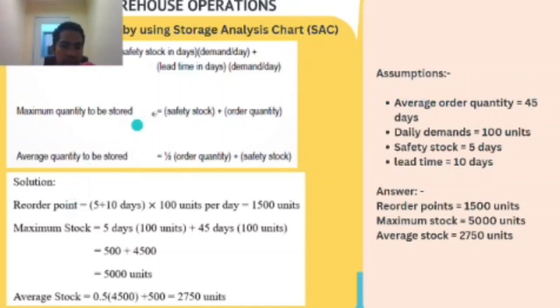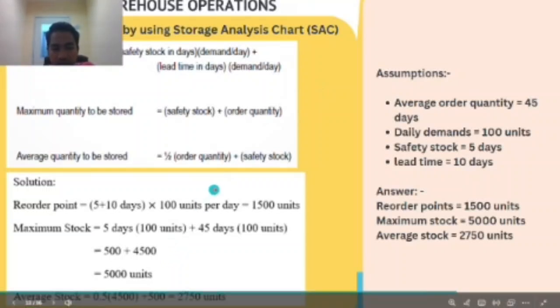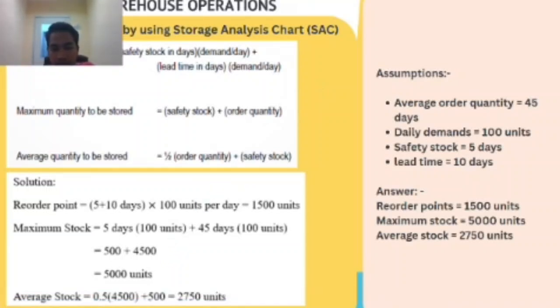By utilizing this formula, we got that the reorder point for the fabric is approximately 1,500 units, the maximum stock that can be stored is 5,000 units, and the average stock is 2,750 units.